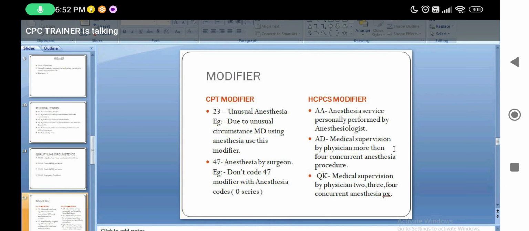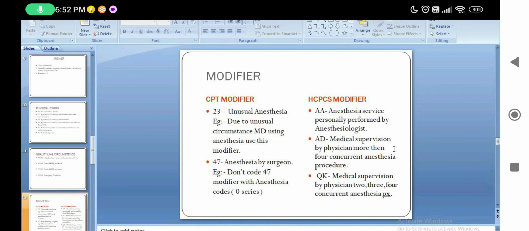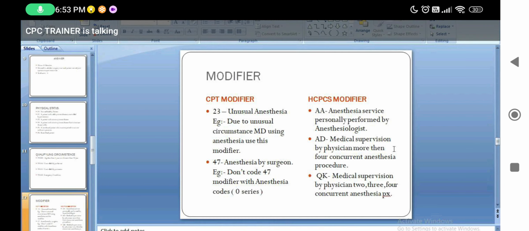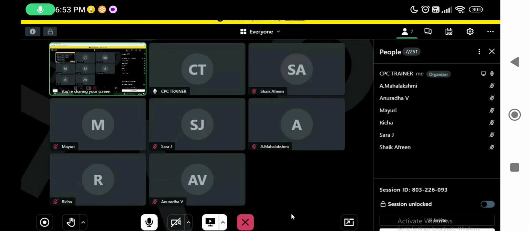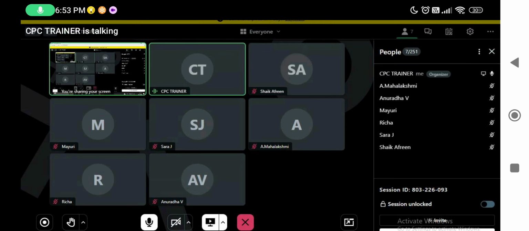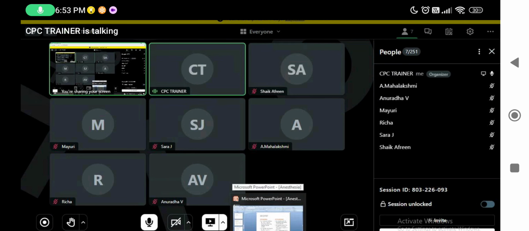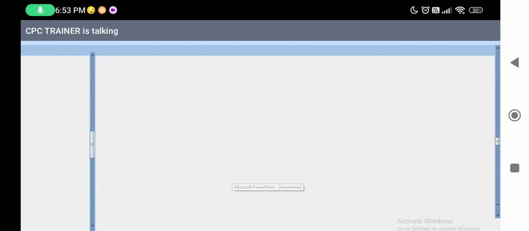So does anyone have an idea what concurrent is? Okay, concurrent means continuous, guys.